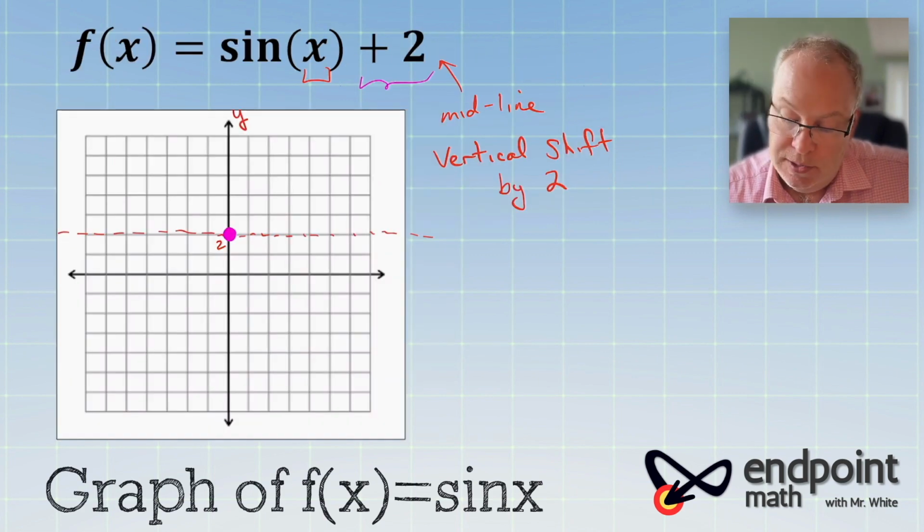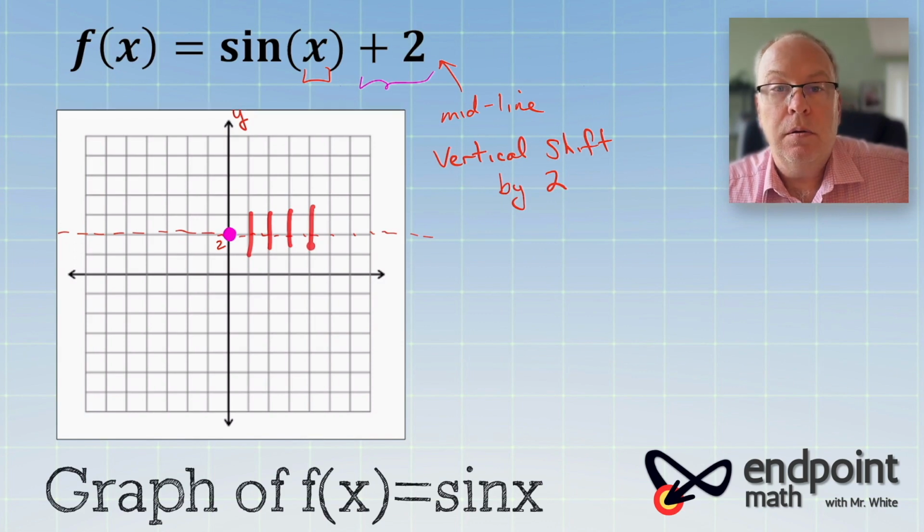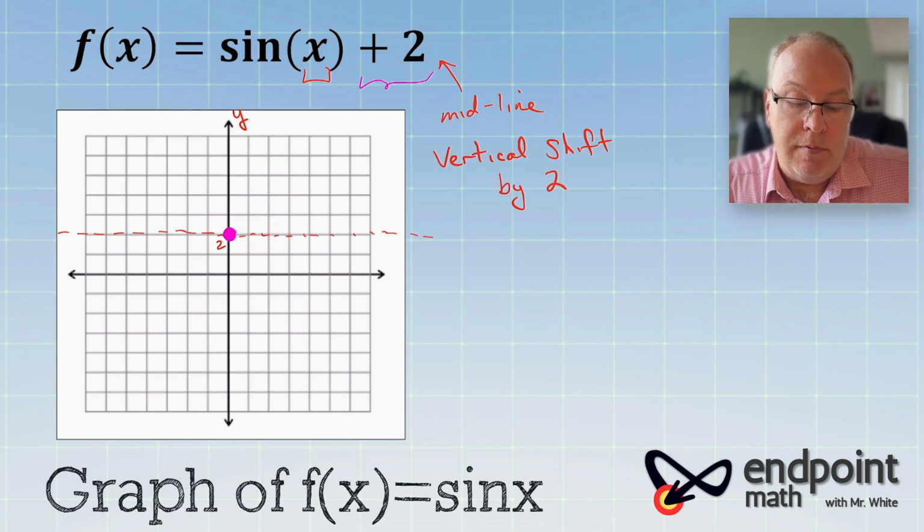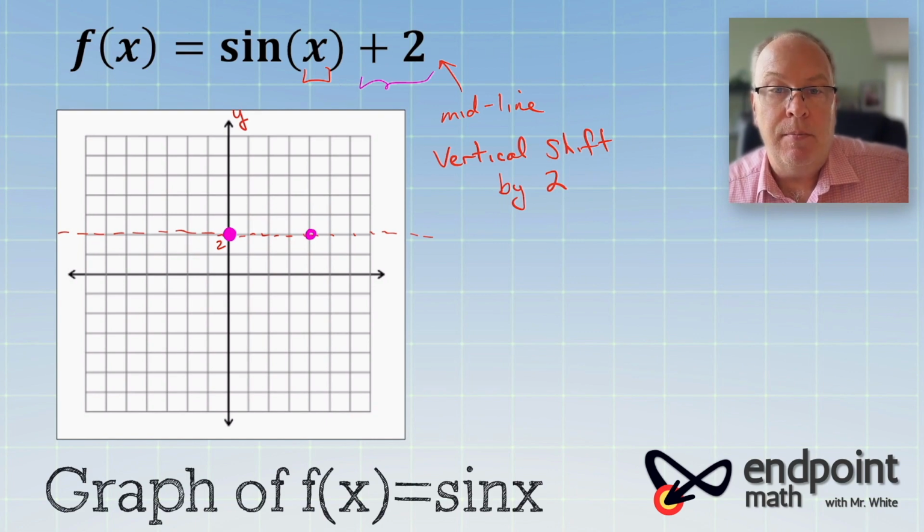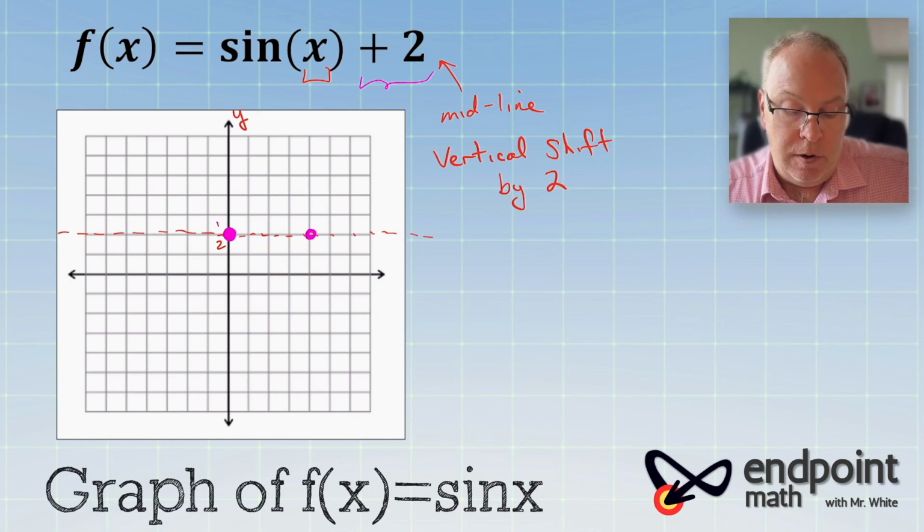The reason I bring this up is because we need to go 4 quadrants. Here's 1, 2, 3, 4. 4 quadrants of the graph. So I'm going to go right here and put my second dot. Remember I said this was the first dot, this was the second dot, and then we go to the middle there and we put our other dot.